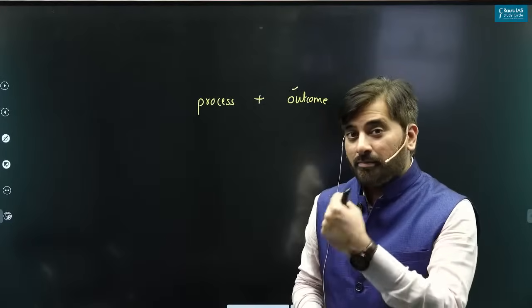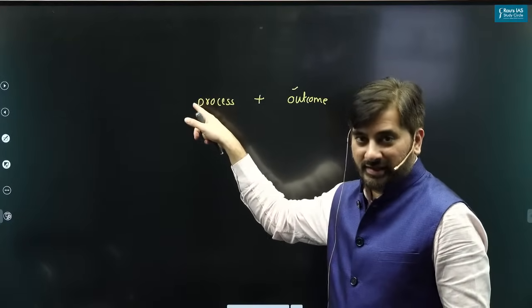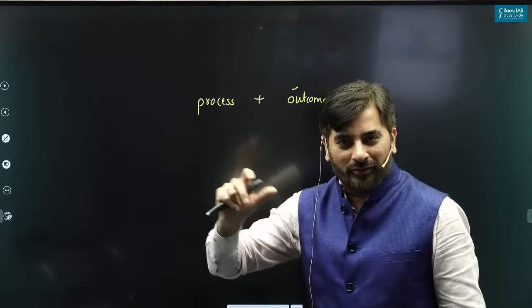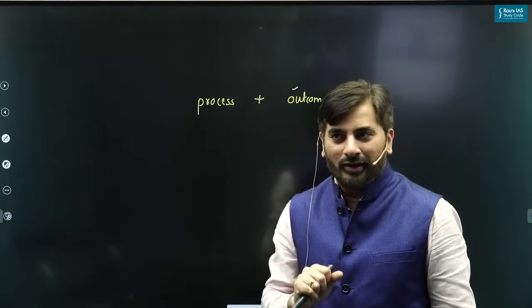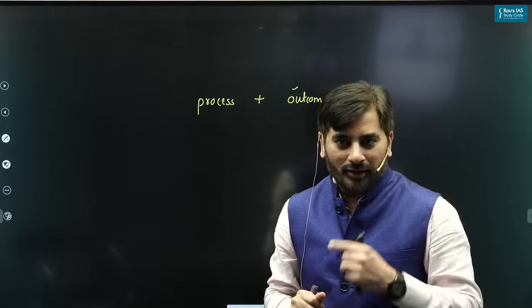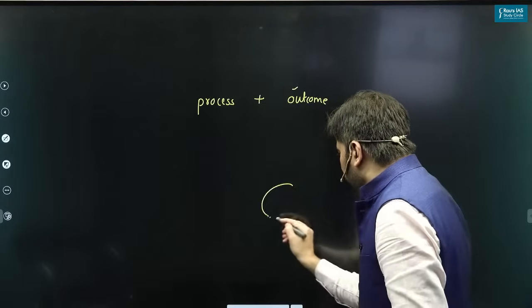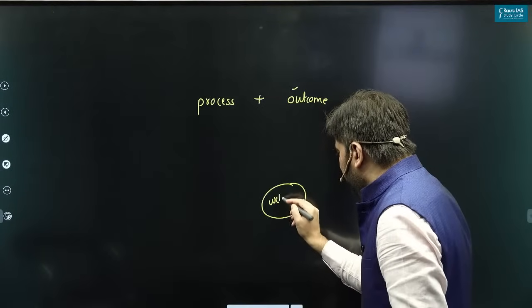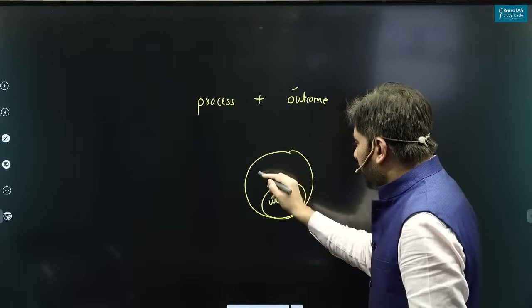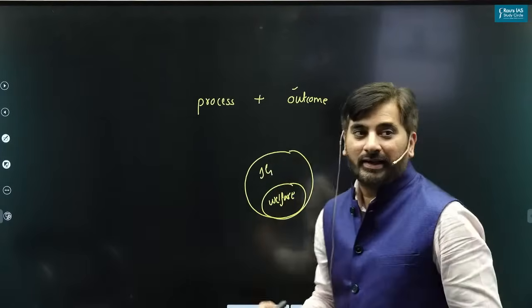Welfare does not focus much upon the process. So if you could think of the difference between welfare and inclusive growth, you can think of the difference as two circles, where the smaller circle represents welfare and the bigger circle represents inclusive growth and development.